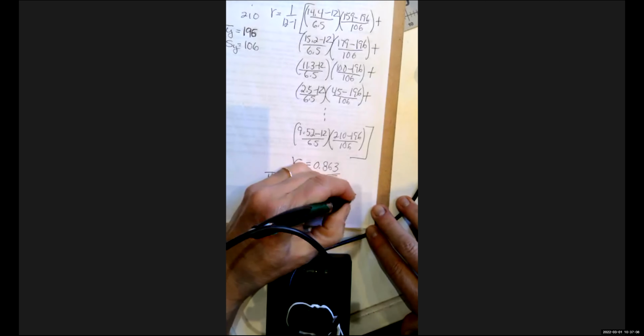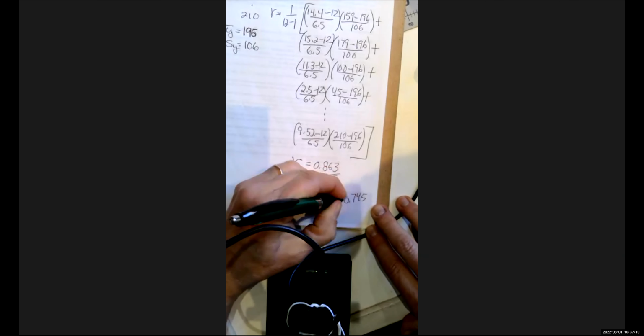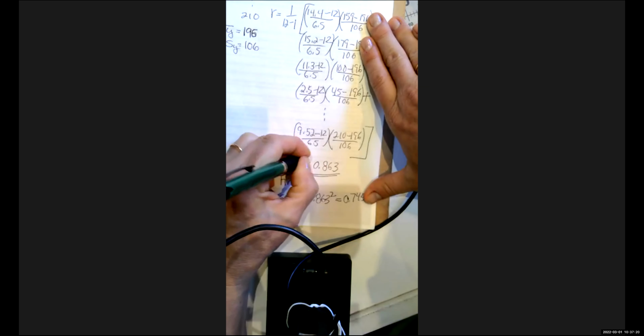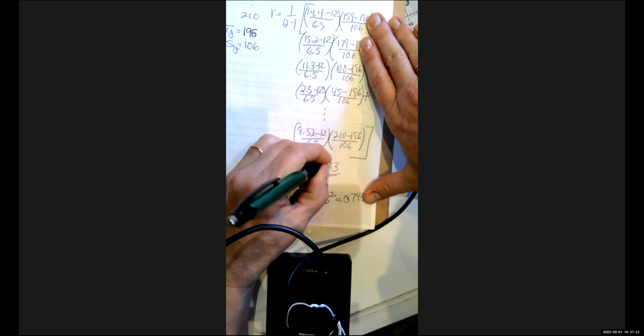And in this case, it equals 0.74. All right. So little r tells us the strength of the association. So this is pretty strong.